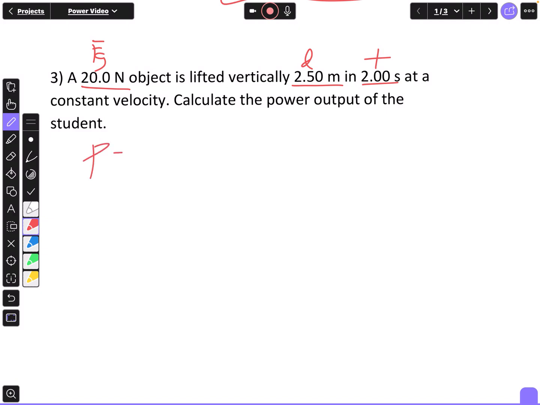Power is equal to work divided by time. Alright, so it doesn't give me a work, so I'm about to use an equation for work. I know work is equal to mgh, but it's also equal to Fd, and I'm given a force and I'm given a distance, so I'm going to plug Fd in for work. So that becomes this equation.